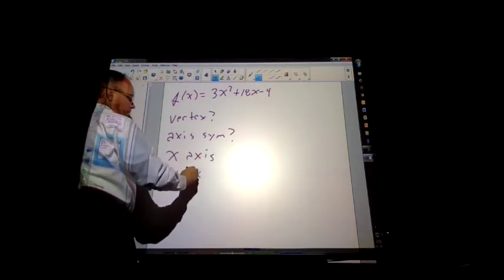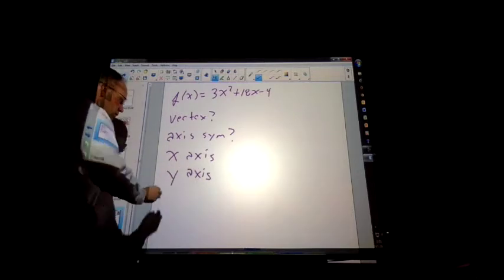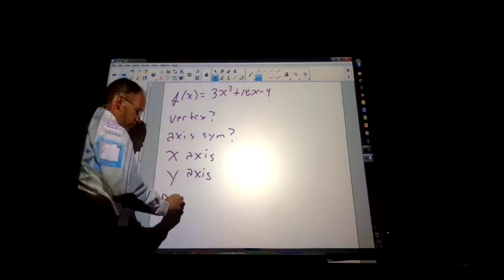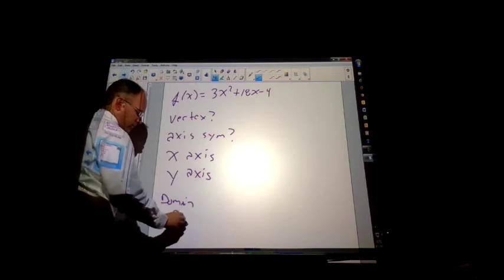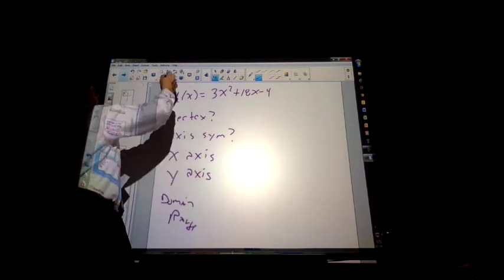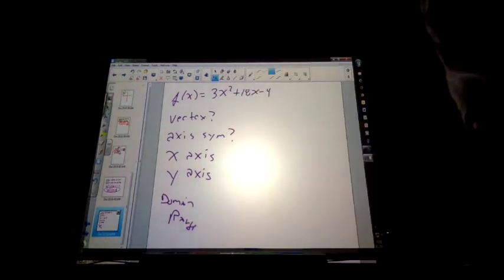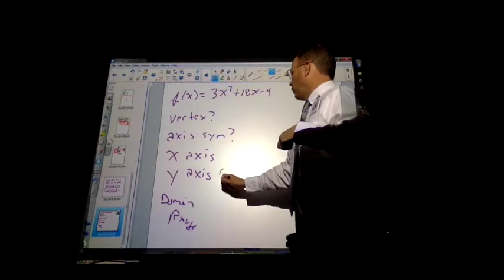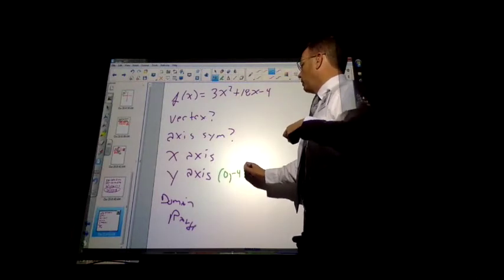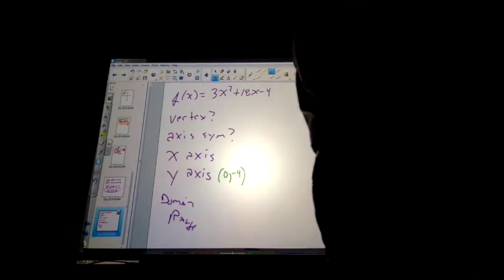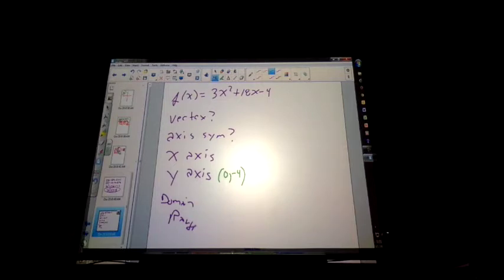Y-axis. Domain. Range. What's the only thing I can answer up here right now? Y-intercept, which is what? 0, -4. That's the only thing I can answer up here right now. It's in standard form. Standard form only tells you where it crosses the y-axis.